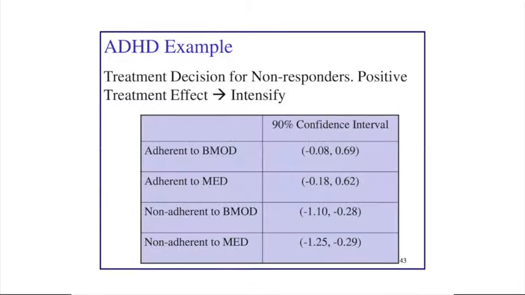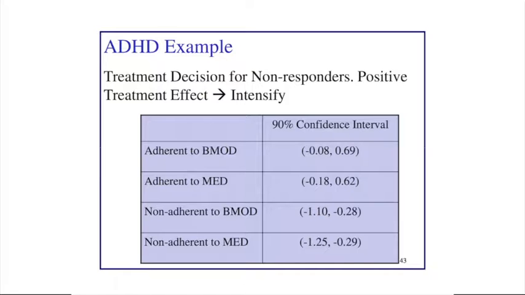It turns out that the second stage regression was highly significant. Adherence, yeah. So let me go through this. A positive treatment effect means intensify. So look at the first two top rows. The confidence interval contains 0. It contains both negative and positive values.